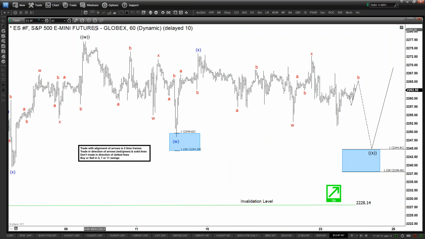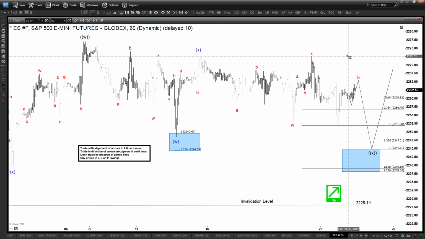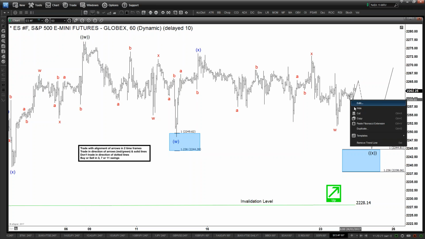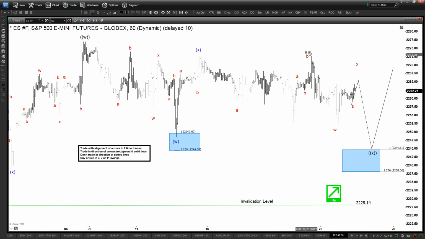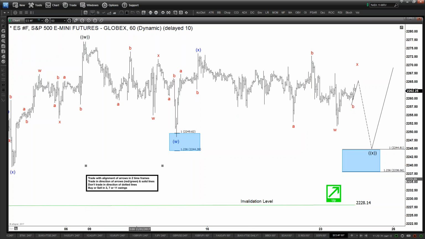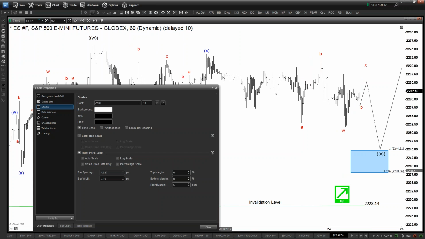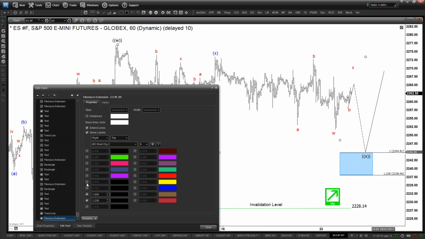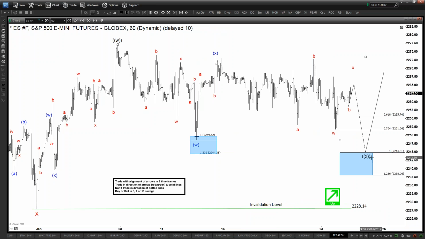Okay, so we did reach equal legs here from this peak of the blue X. As you can see, a perfect bounce in equal legs. So it should have finished this thing here, the red W, and we should be in the red X now. And if I put up the 0.618, 0.764 extensions here, you'll see that we bounced from the 0.764 extension.